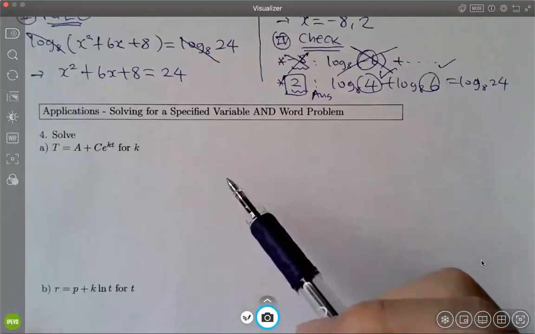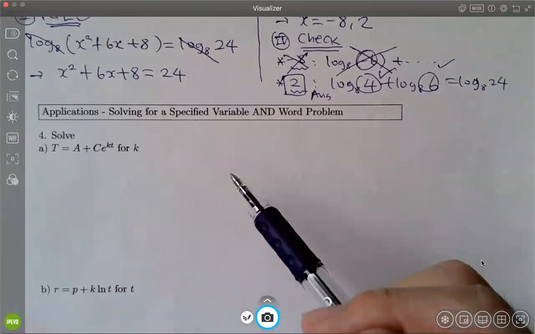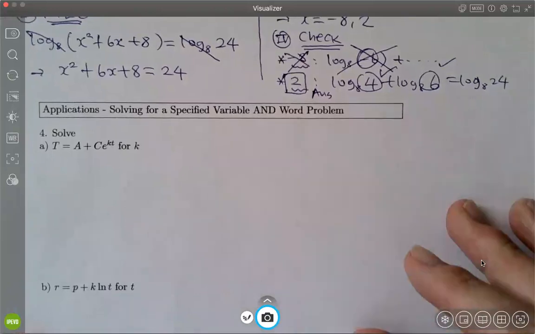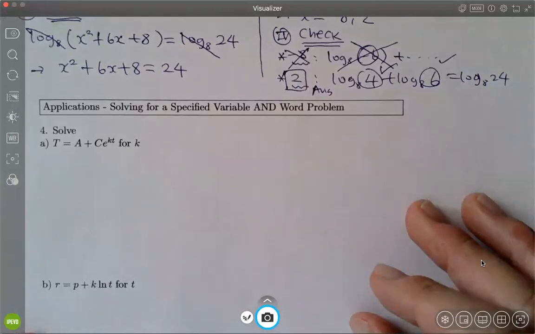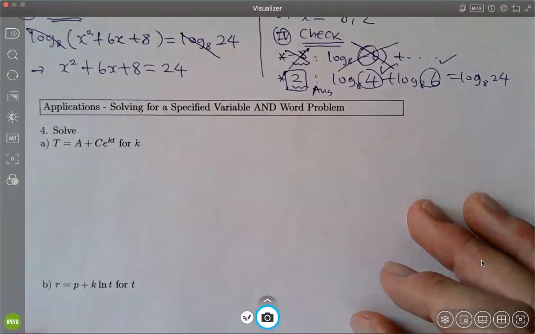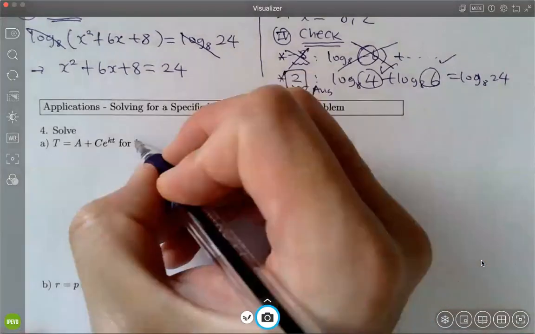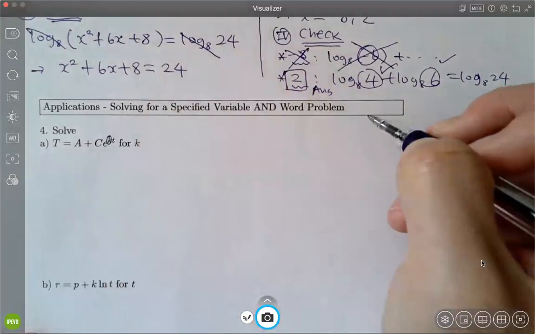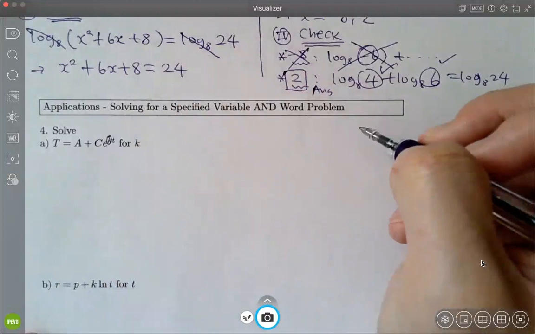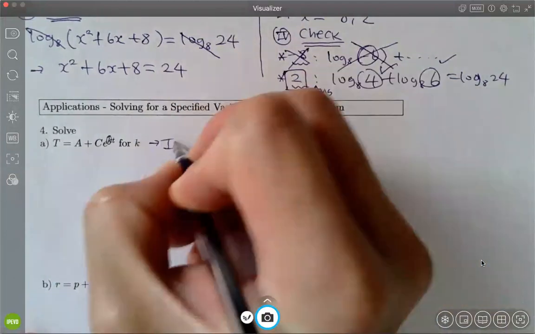But let's see how much we remember of what we learned yesterday. So part A, t equals a plus c e to the kt, and solve that for k. And where is k? Right there in the exponent. Okay, so this means isolate k.